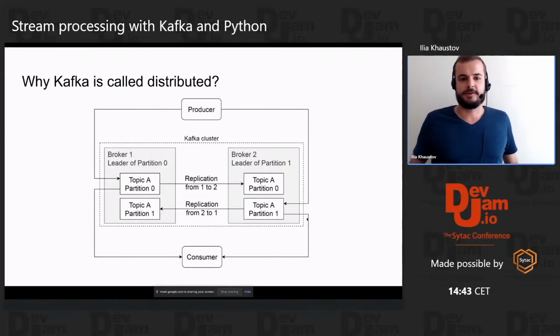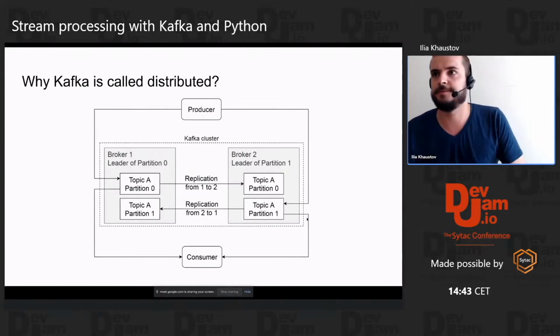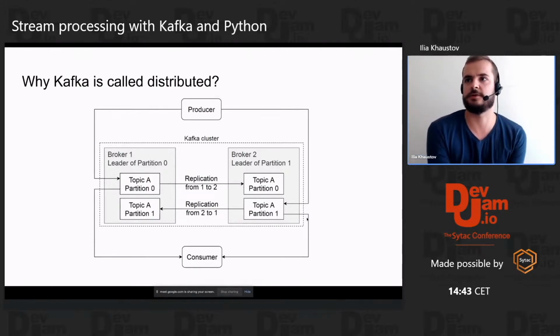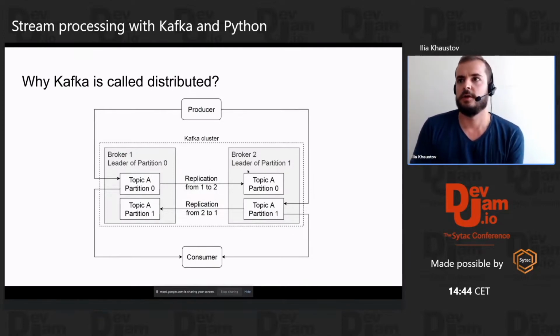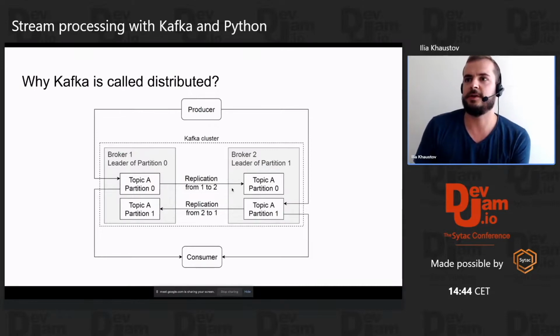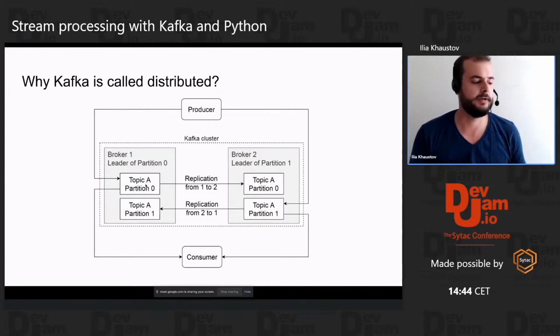So why is Kafka called distributed? A single Kafka server is called a broker, these gray guys here. A broker exists inside a cluster. It is worth mentioning that you can have a cluster that runs on only one broker, and it's totally fine. It will work.